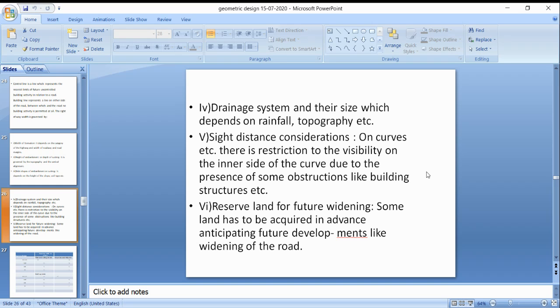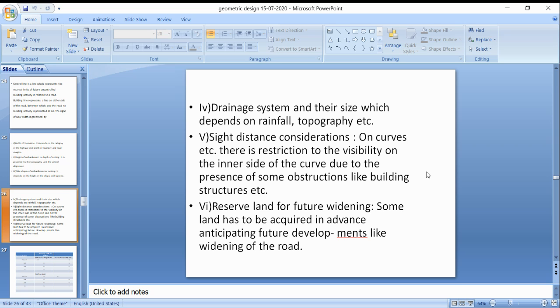The drainage size depends upon the rainfall and the topography. How much rainfall is coming to that area is also a consideration for the length of the roads.